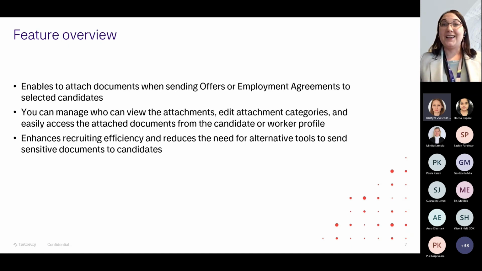They can be anything you would want to send to your candidate or future employee, like info on benefits or something like that. And it's easy to manage who can view the attachments and see the attachments in the candidate or worker profile.